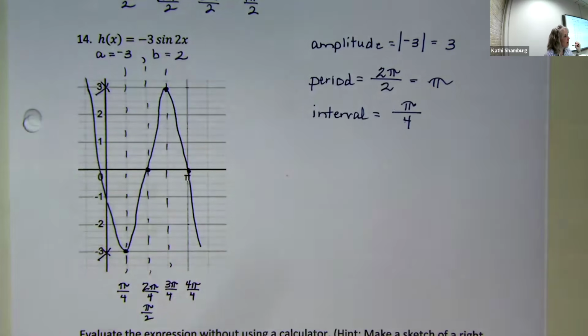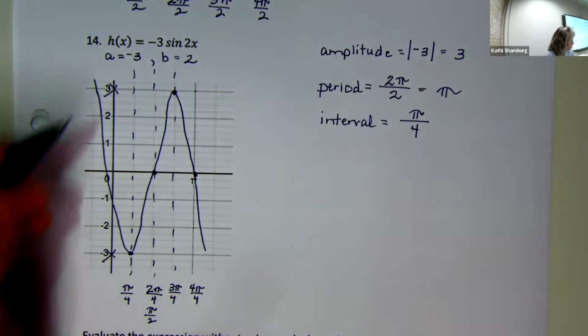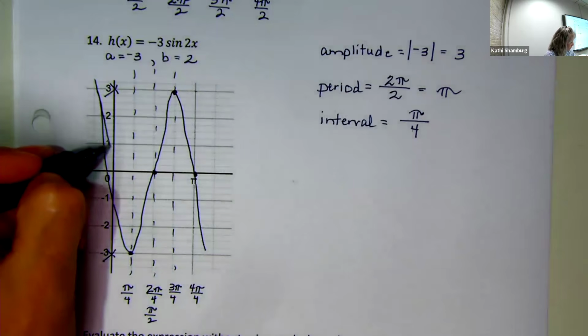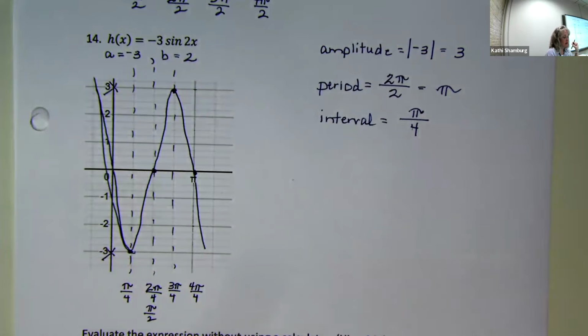Whoops, I meant to. Yeah, it should go through there. Like I said, I don't do this well. I meant to go through there. So yes, it does. I got wobbly there. Okay.